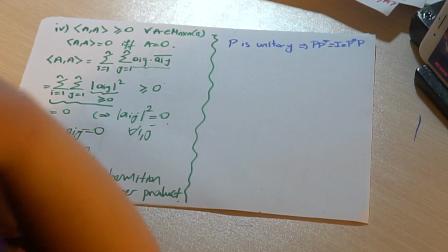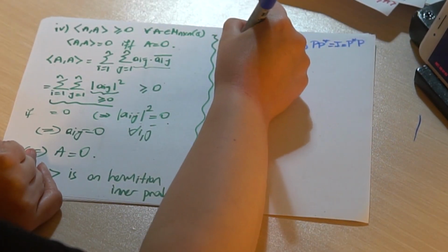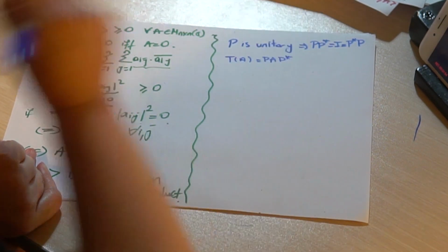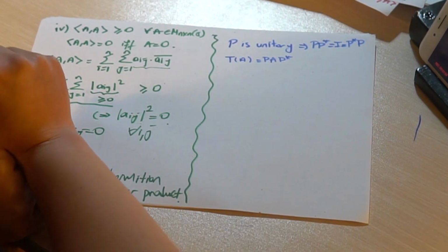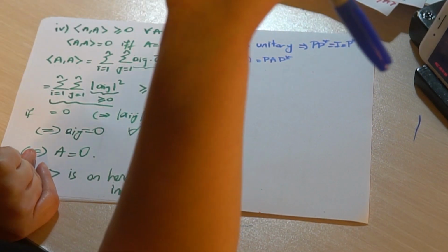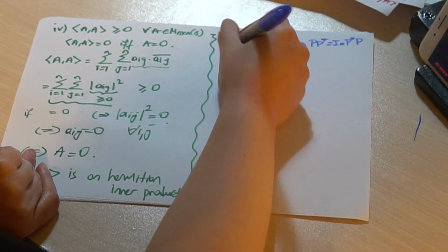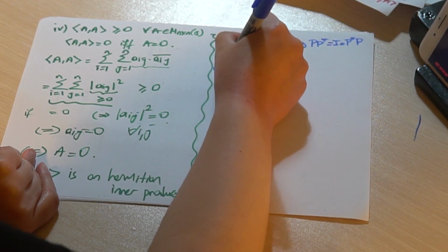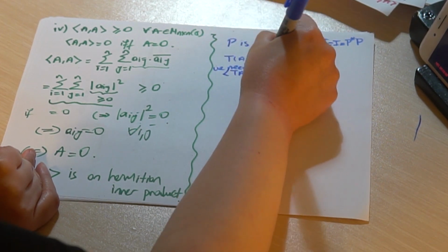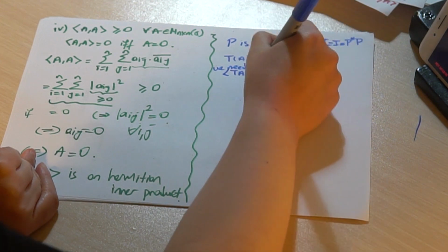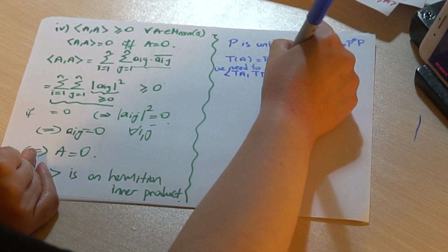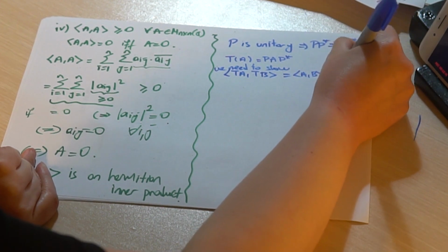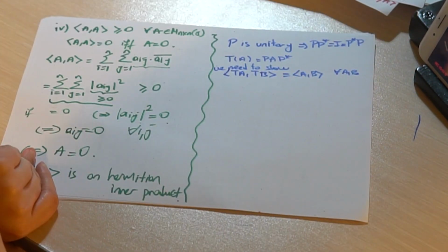Now, also T(A) is P A P conjugate, right? Now we need to show that this is a unitary linear transformation. So we need to show that the inner product of T(A) and T(B) is equal to the inner product of A and B for every matrix A, B.